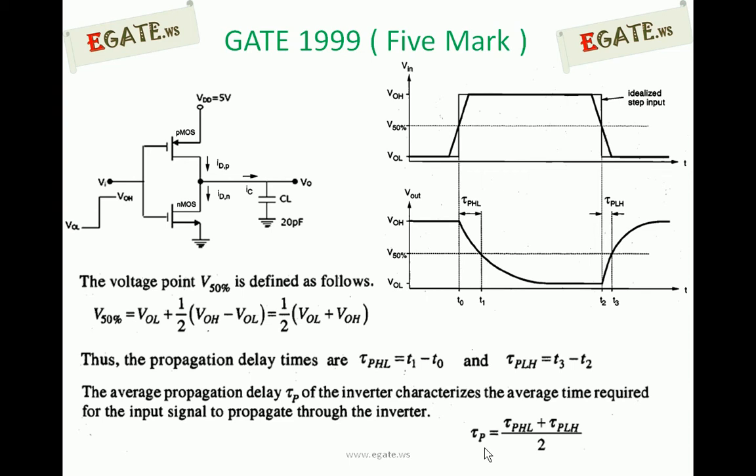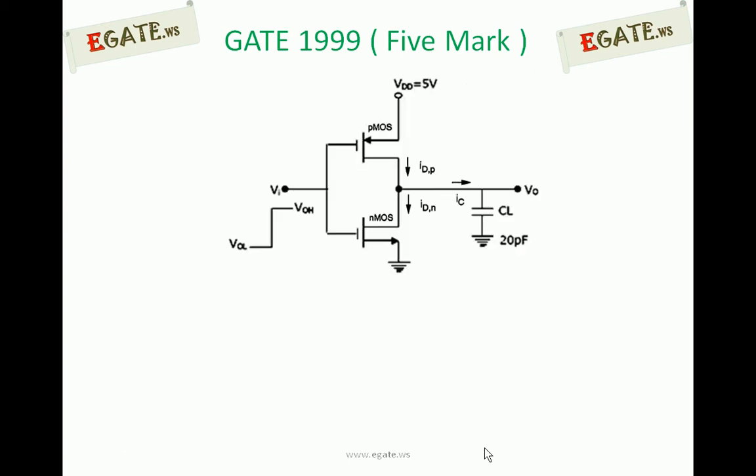We are concentrating only on tau pHL because it is asked. If you go through this analysis, you will know how to analyze tau pLH also. Very simple. So first we concentrate on tau pHL. This is the given diagram.